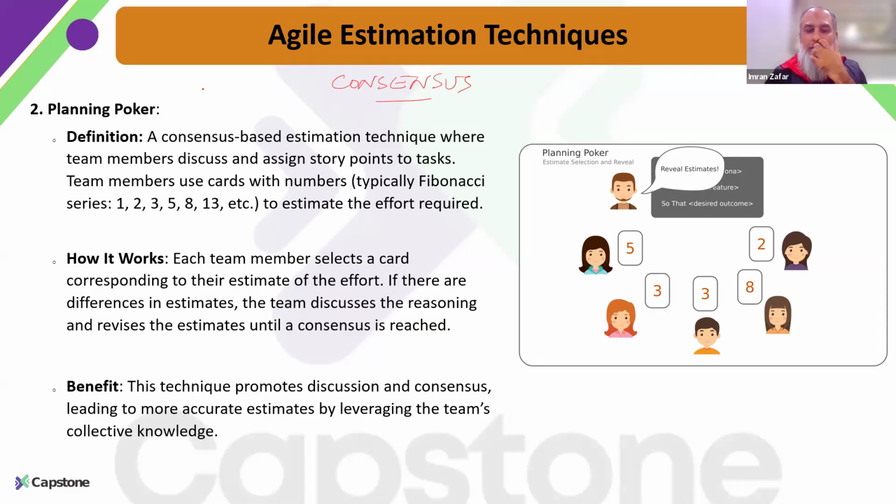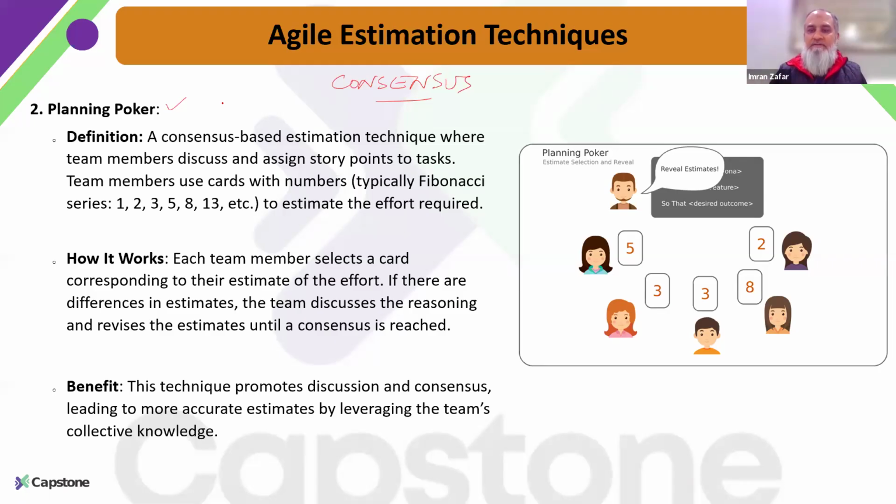For that, the famous technique used is called planning poker, where every team member is given cards numbered in the Fibonacci sequence, and the product owner explains the user story to all the team members.